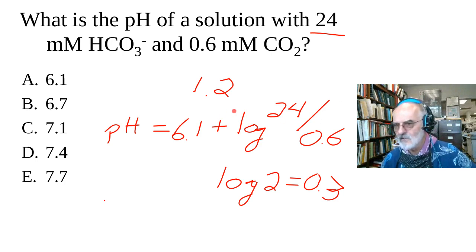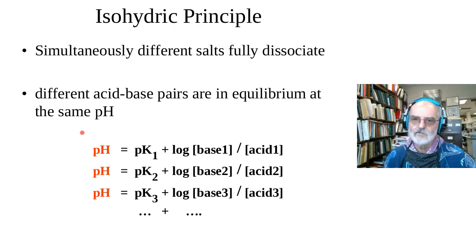Or calculating the log of 40 plus 6.1, that must be 7.7. And the log of 2 is the change that is made here. That's a 0.3. It goes up by 0.3, so it's 7.7. Okay, so I'm giving you a lot of possibilities here. You need to find your way of solving these problems.